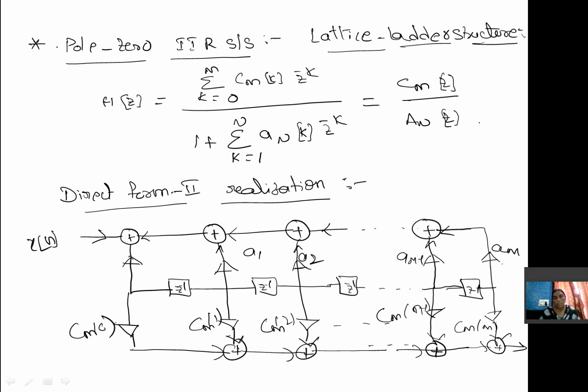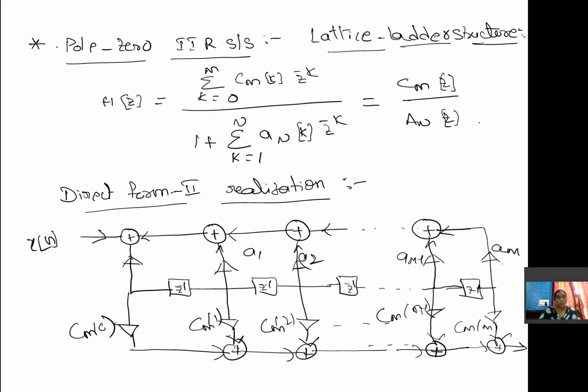That is said to be the lattice ladder structure. You just use the upper part; this is related to the all pole system. So you realize this one with the lattice form, and the remaining part you develop in a similar way. Okay, right?